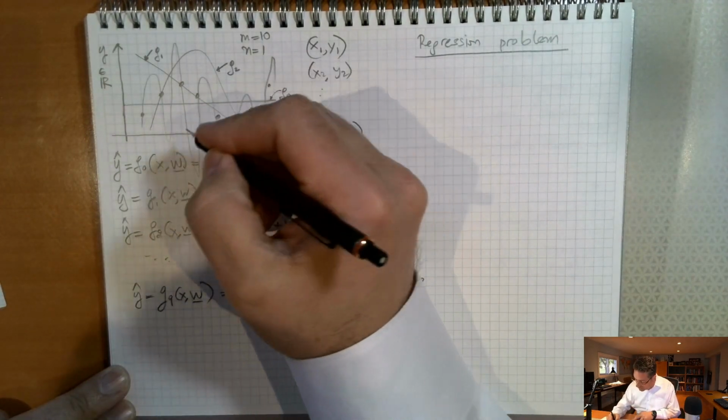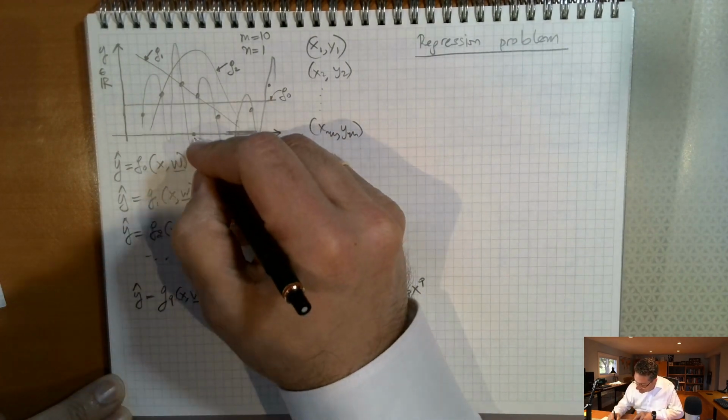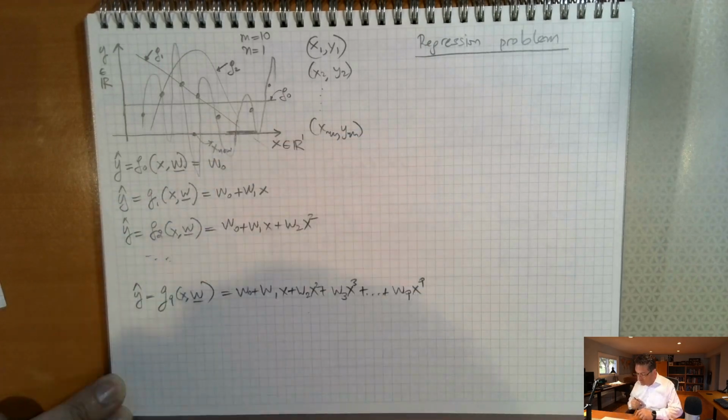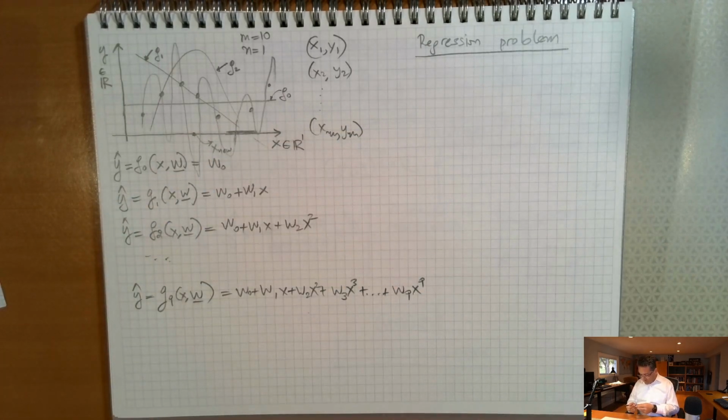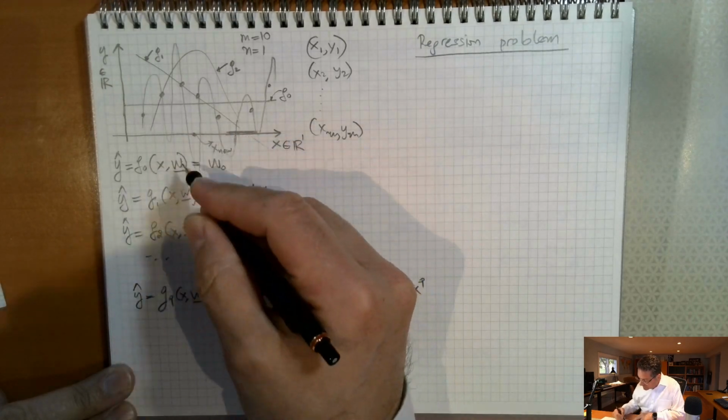So let's pick one x over here. This x, I will call the so-called x nu. And I just want to make you understand exactly how predictions will be done. So for that x nu, I have various hypotheses.